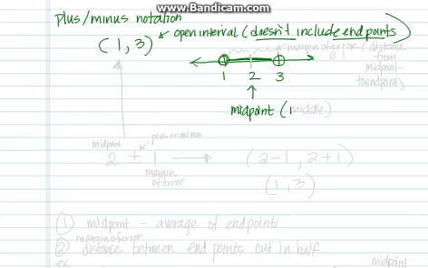Okay, that's our middle. And then what we can see is that if this is the middle value, then we're equal distances on the left and the right, which happens to be a distance of 1. We call that a margin of error. So the margin of error, or distance from midpoint to endpoint.